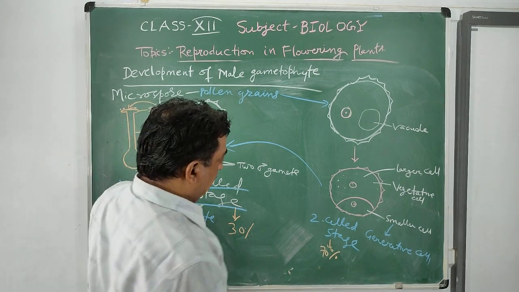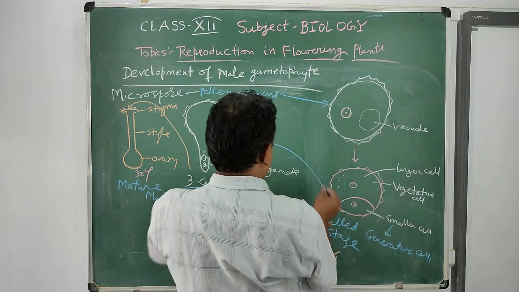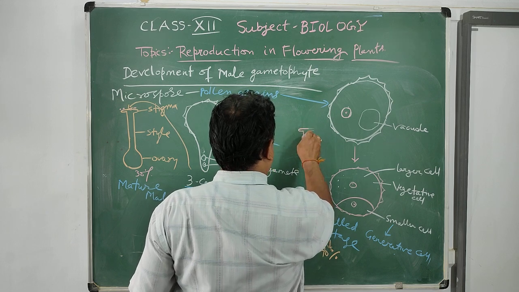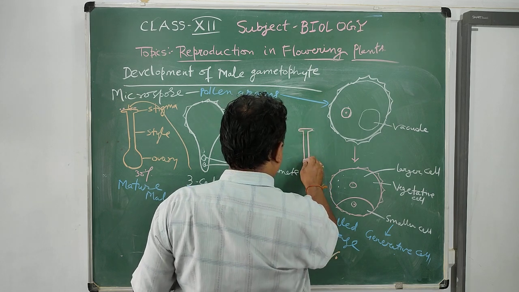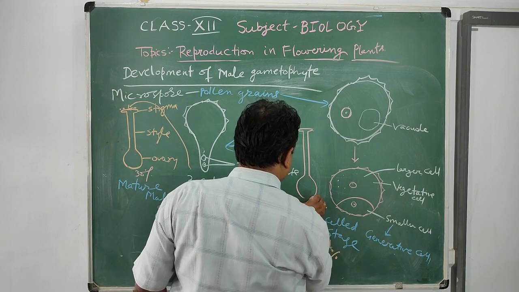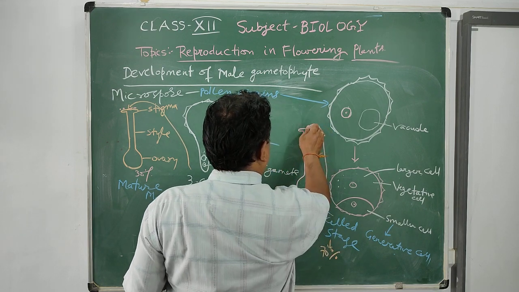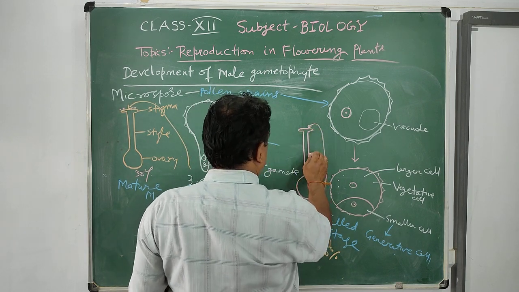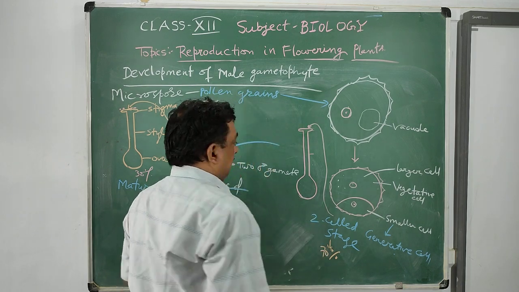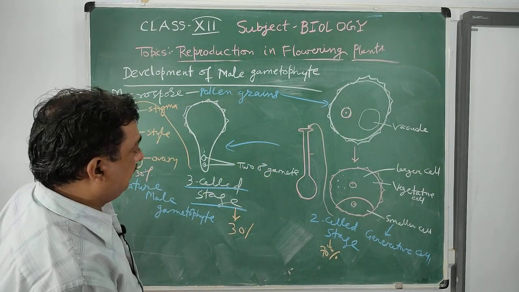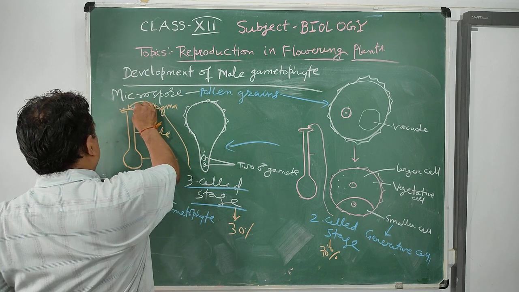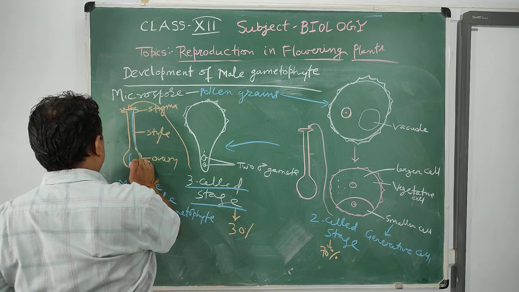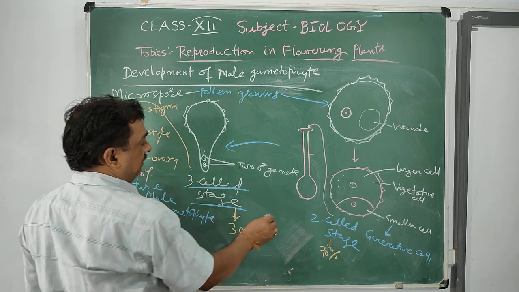But in 70%, pollen grains are shed on the stigma at the two-celled stage. Then germination of the pollen tube takes place and it ultimately reaches the ovule of the ovary.